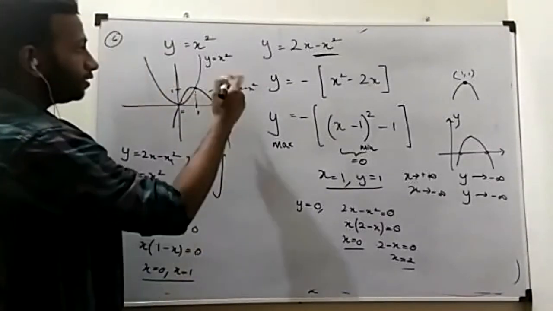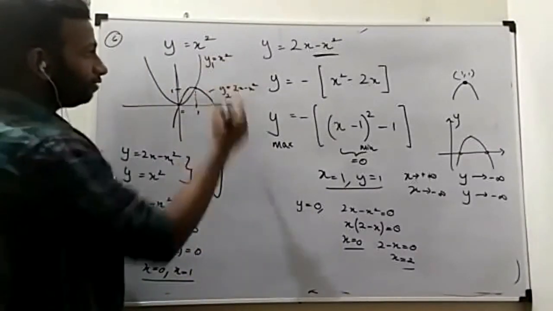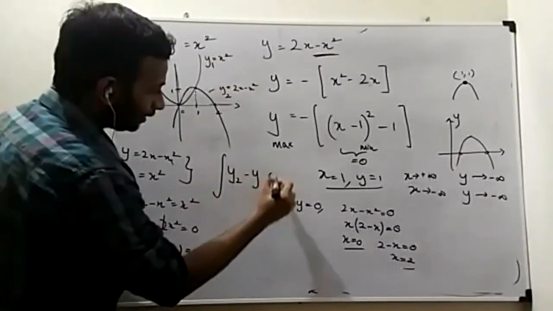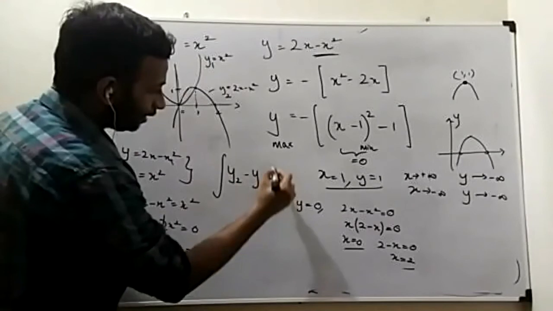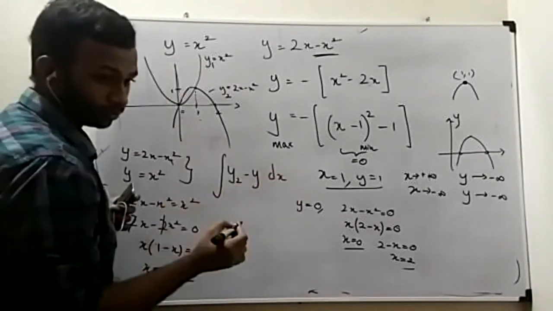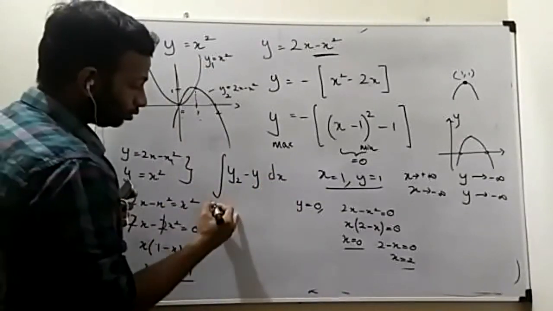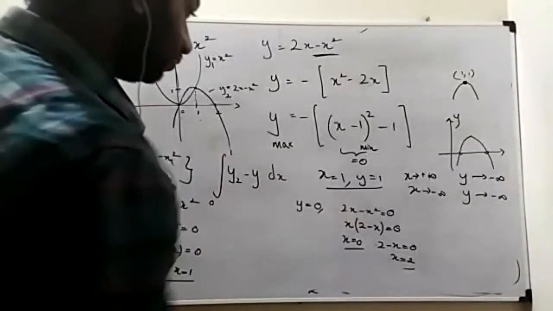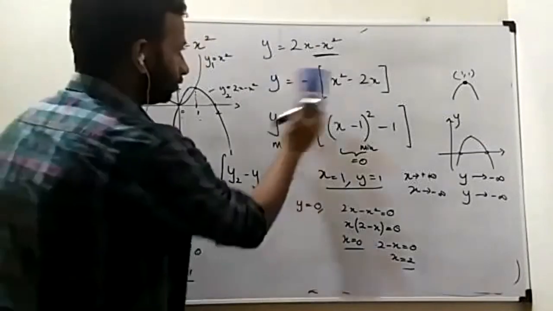So now we know the integration needs to be done. I consider this as y2 and this as y1. So y2 minus y1, you integrate with respect to x from where to where? From this position to this position, 0 to 1. I'll erase this part.